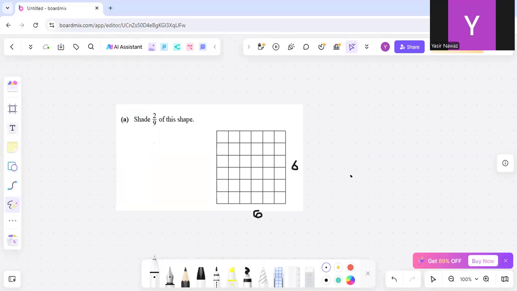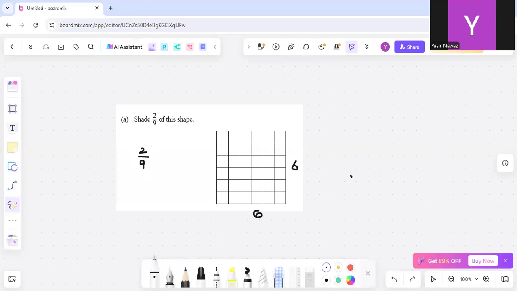Here it says 2 over 9, so I will see the denominator. So 36 divided by 9. What is 36 divided by 9? It is 4. Because total squares are 36 and the denominator is 9, 36 divided by 9 would be 4.